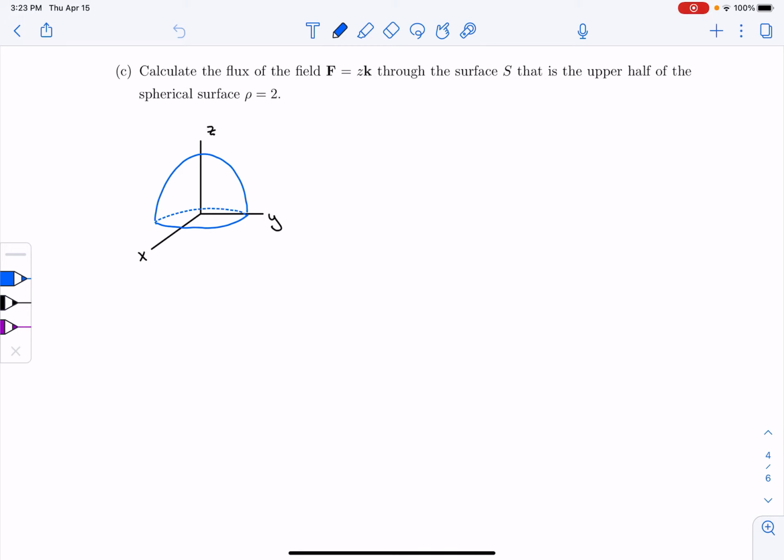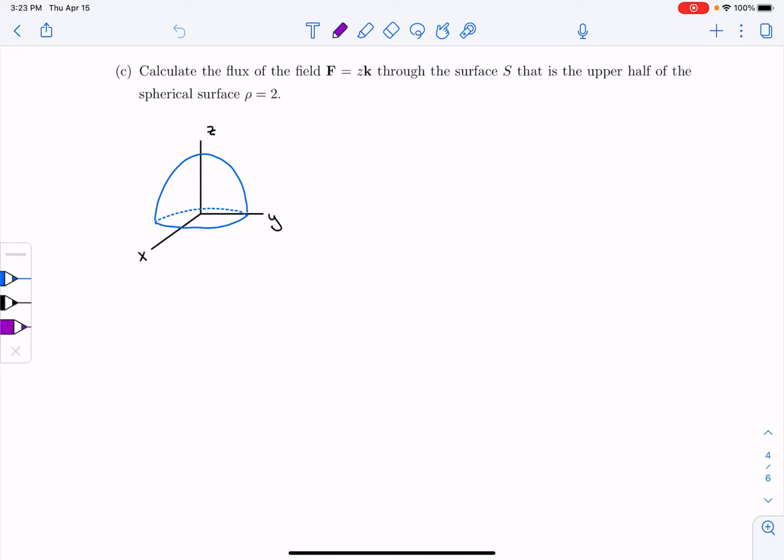The next example asks us to calculate the flux of the field F equals zk through the surface S, that is the upper half of the spherical surface rho equals 2.